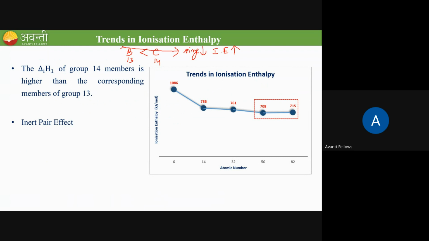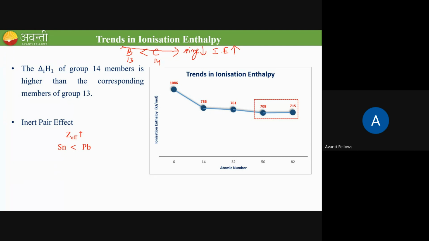Due to that effect, the effective nuclear charge increases. So lead has a higher ionization energy value compared to tin. The regular order should have lead with the lowest value compared to tin, but here a small increase is observed.